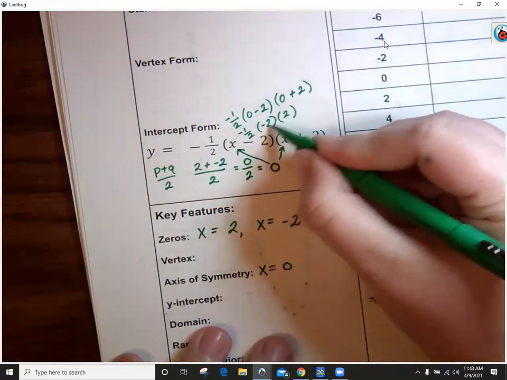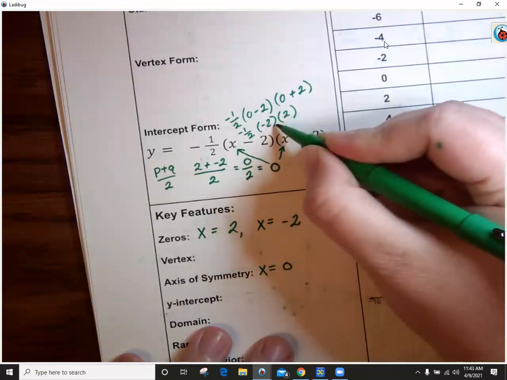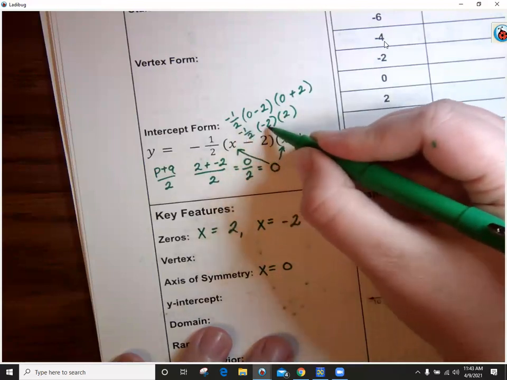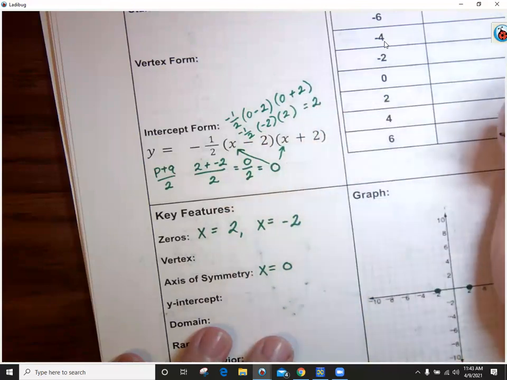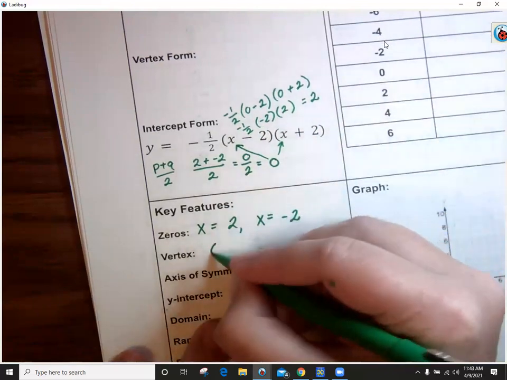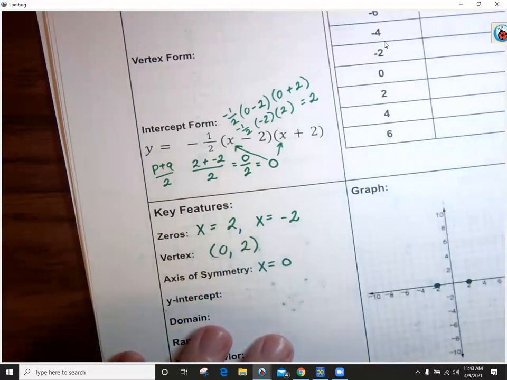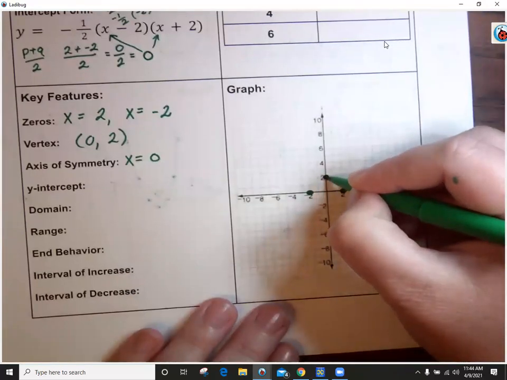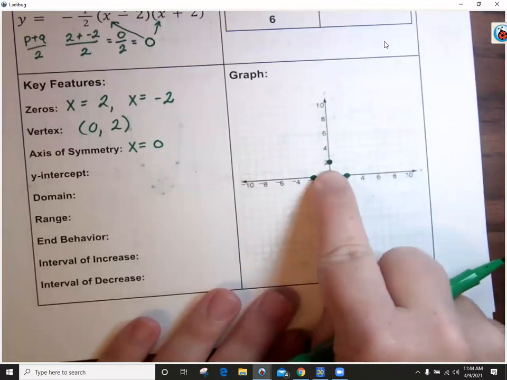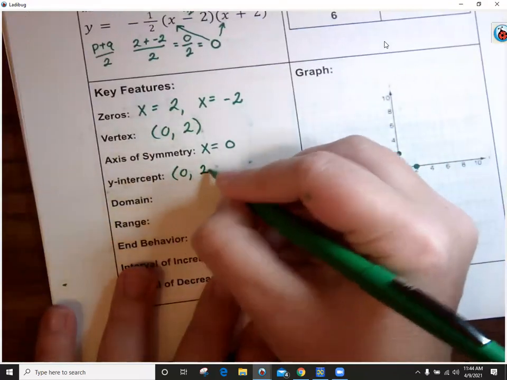Then if you multiply those two together, you get -4. And then -1/2 times -4 is +2. So that tells us that our vertex is 0, 2. Okay, so we could go ahead and plot that point right there. It's going to be your vertex, and it also happens to be the y-intercept.